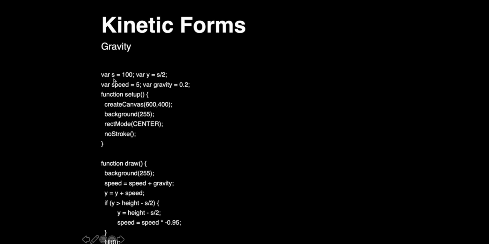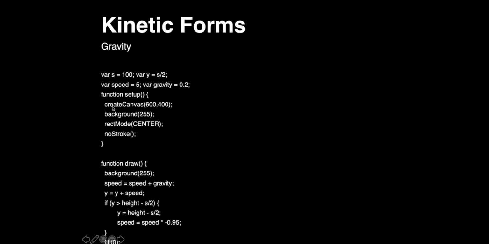So here, again, we're going to create some variables for s is going to be equal to the size of our object. In this case, it's going to be a rectangle. y is going to be equal to s divided by 2, size divided by 2. Then we have a speed equal to 5, and our gravity is going to be equal to 0.2.